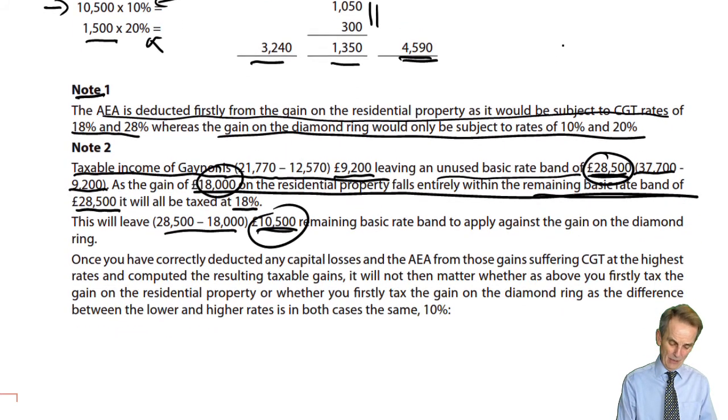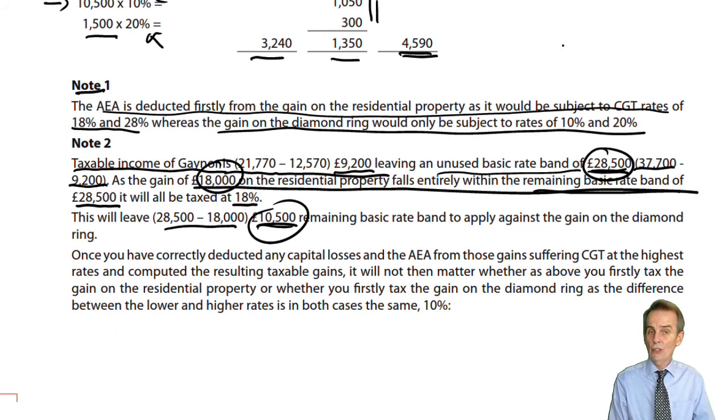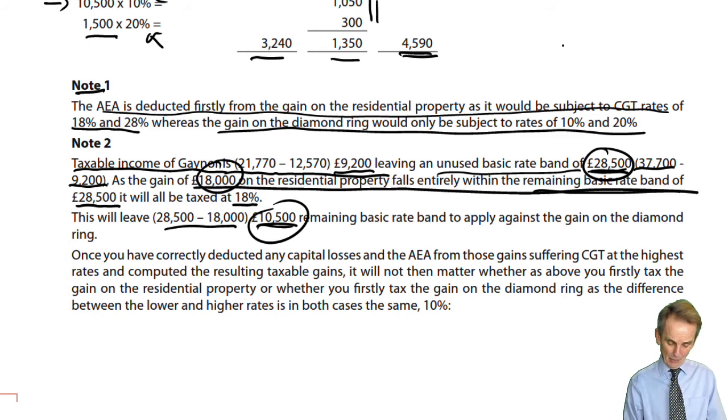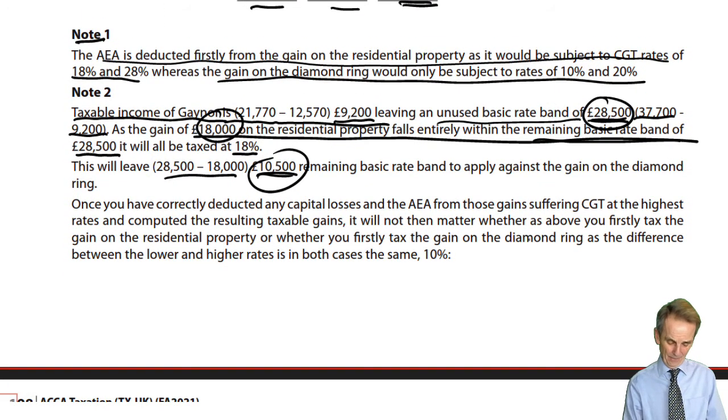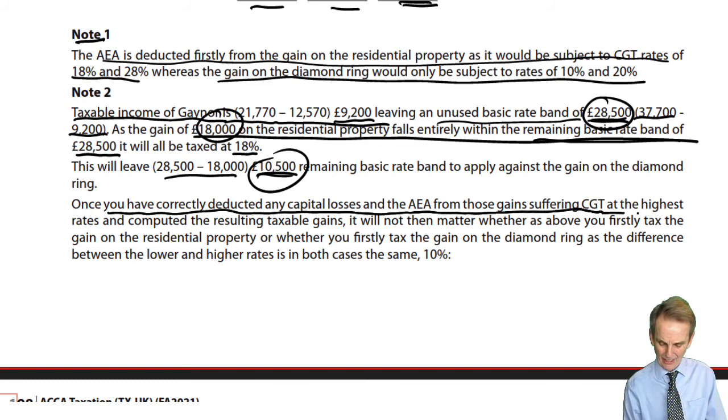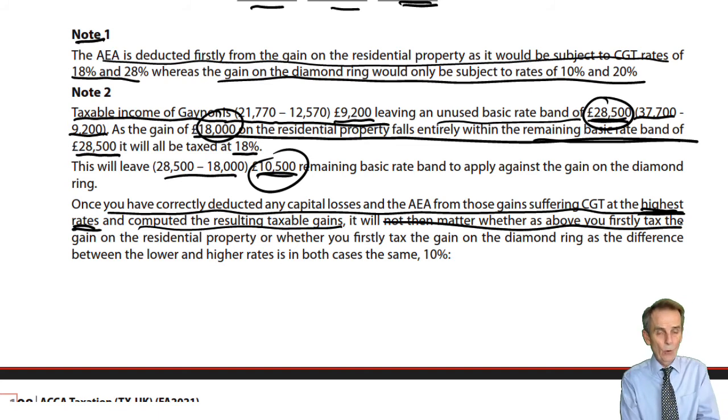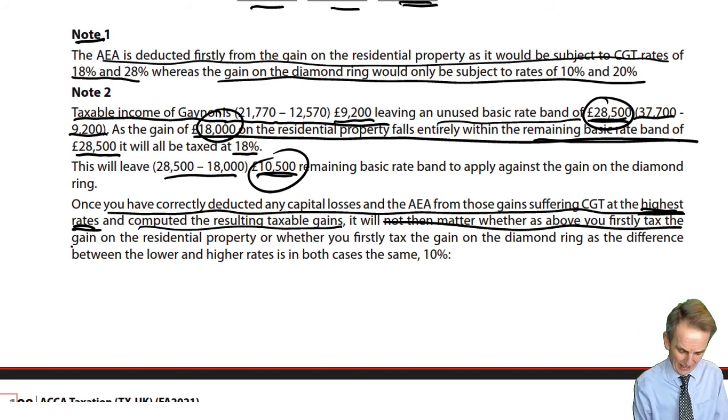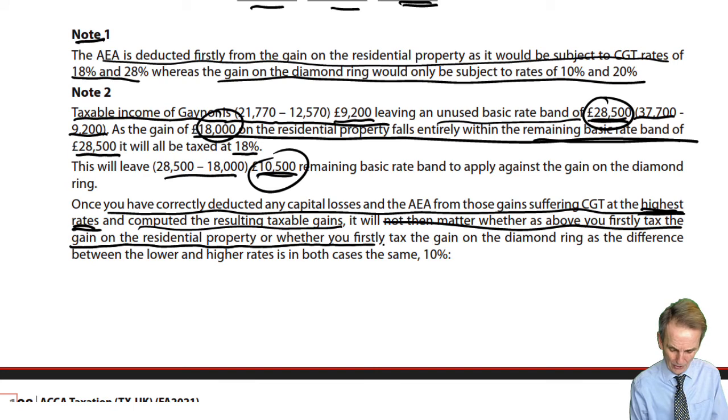You might be wondering, well, is that what you always do? It probably will be, but it doesn't matter. Because once you have correctly deducted any capital losses and the AEA from those gains suffering CGT at, as we keep emphasising, the highest rates, and computed the resulting taxable gains, it will not matter whether, as above, you firstly tax the gain on the residential property, or firstly tax the gain on the diamond ring.